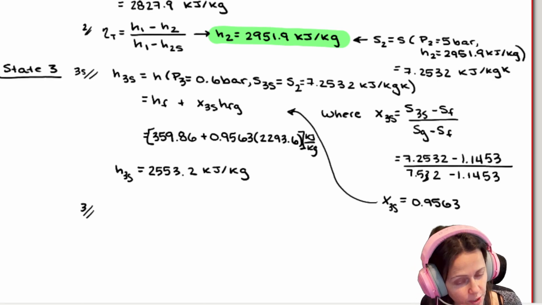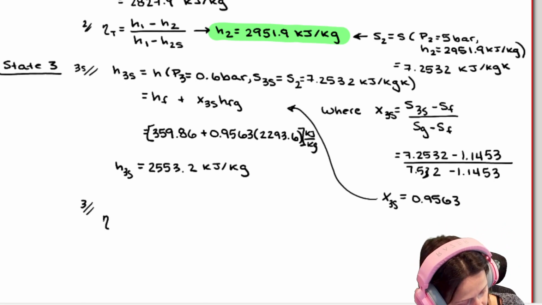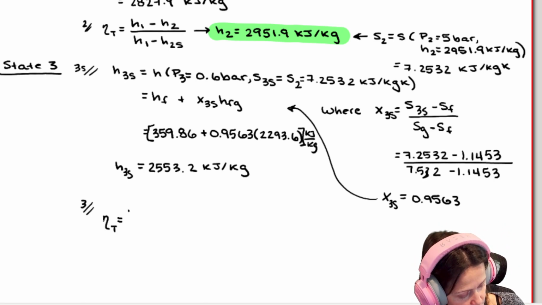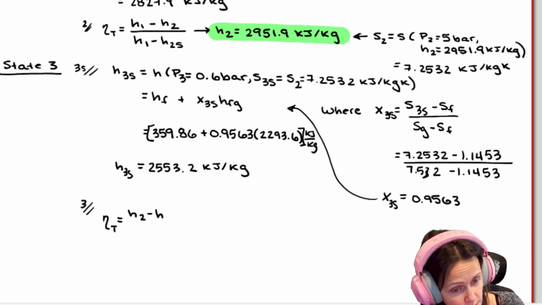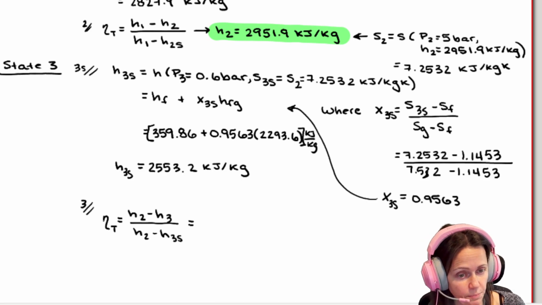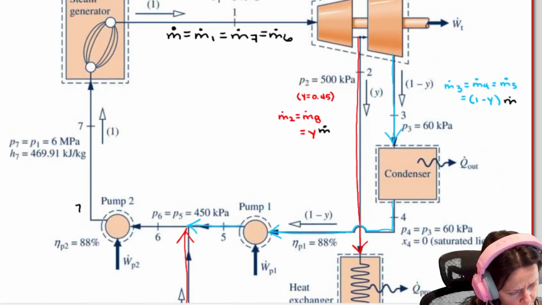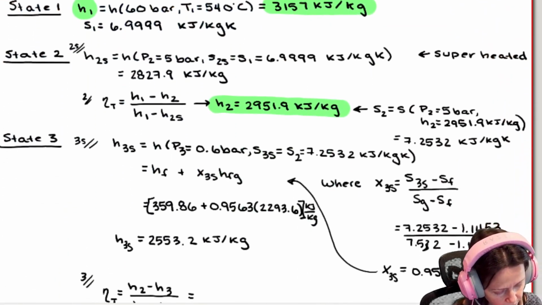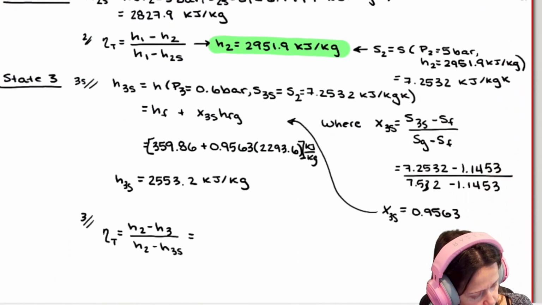And then of course we can use our isentropic efficiency again. So this is going to be H2 minus H3 over H2 minus H3S. We've got our isentropic efficiency of, what was it again? 0.82.